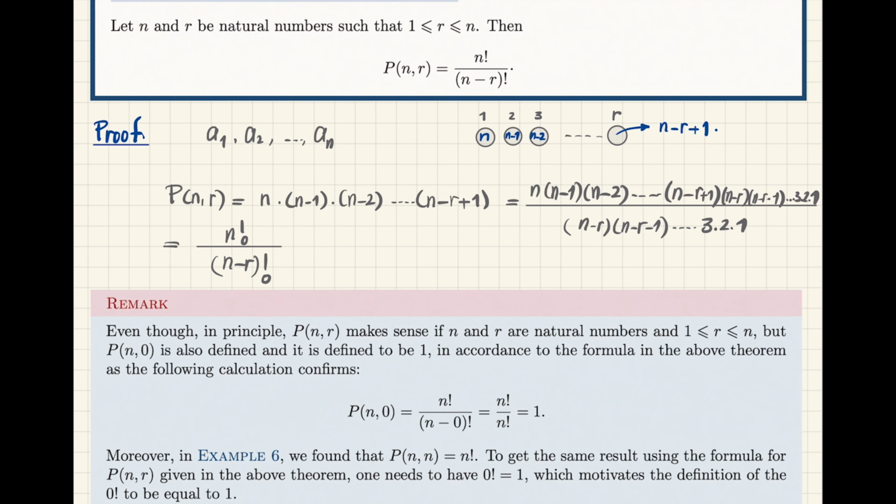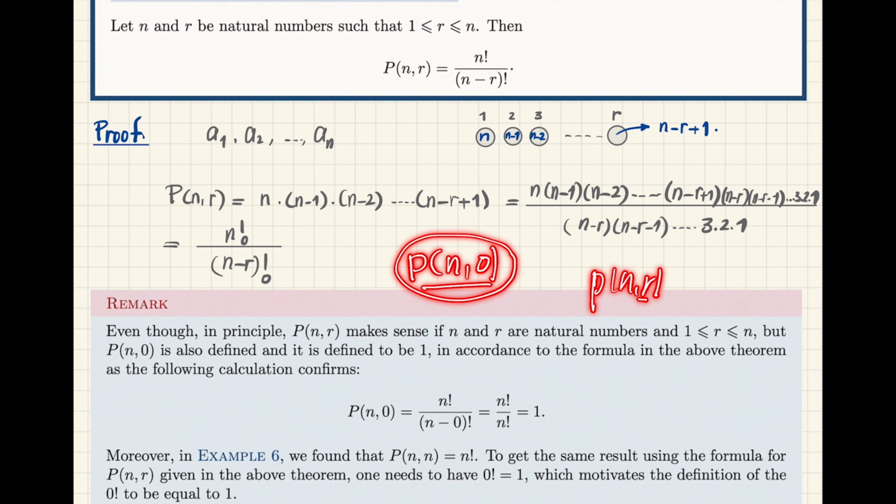Let me consider this remark as well. If I ask you what is P(n, 0), you might say this is not sensible, because P(n, r) means that I have n distinct objects, I want to choose r of them and arrange them. So in principle, P(n, 0) doesn't make sense. This means that I have n objects, I don't want to choose any of them and arrange them.